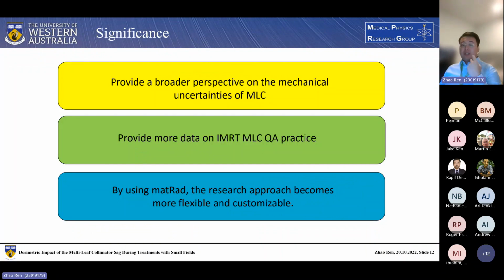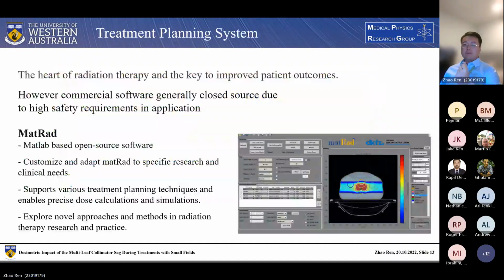The significance of this project is that we provide a broader perspective on mechanical uncertainties of the MLC, and we also provide more data on MLC QA practice. The third part is that by using the MatRad software, the research approach becomes more flexible and customizable.